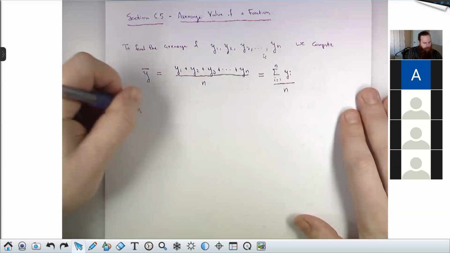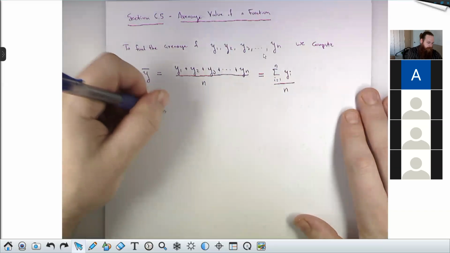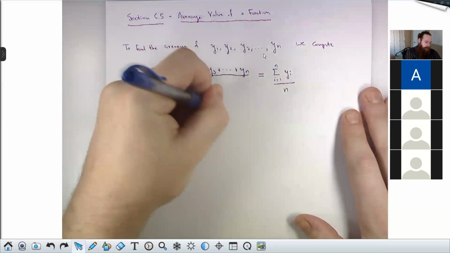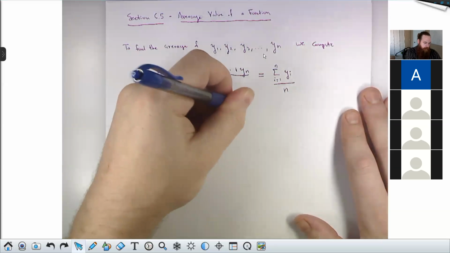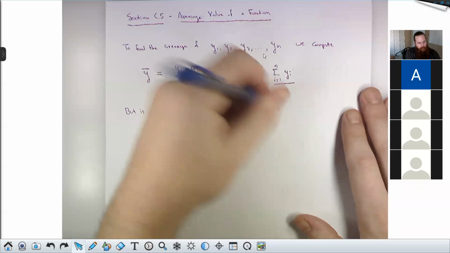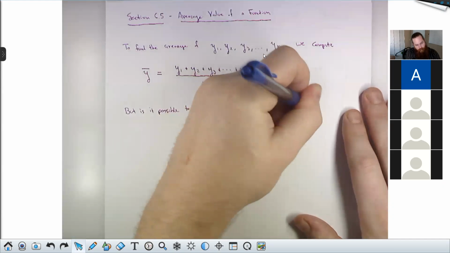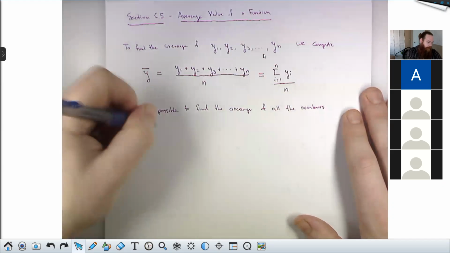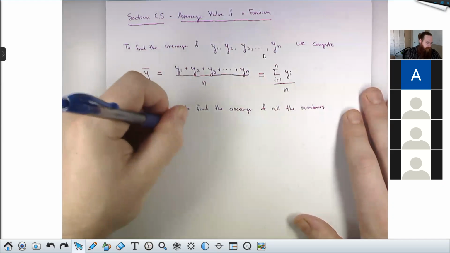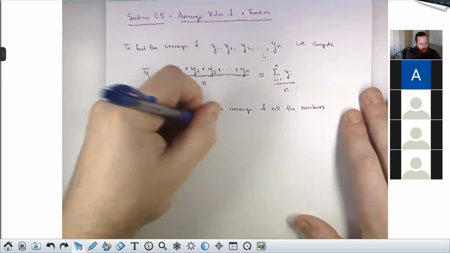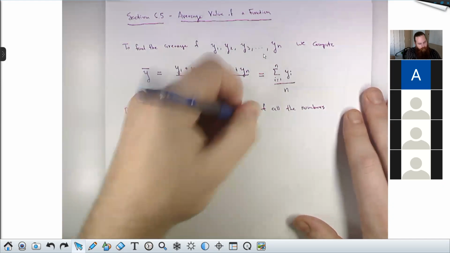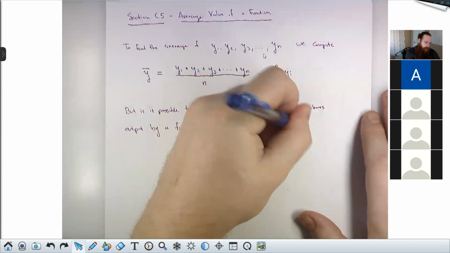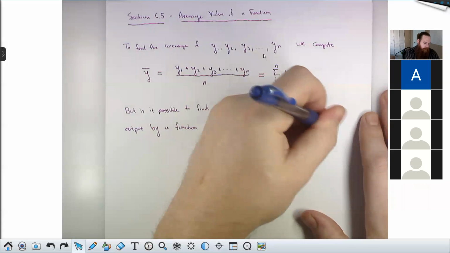But is it possible to find the average of all the numbers output by a function f of x as x runs from x equals a to x equals b?